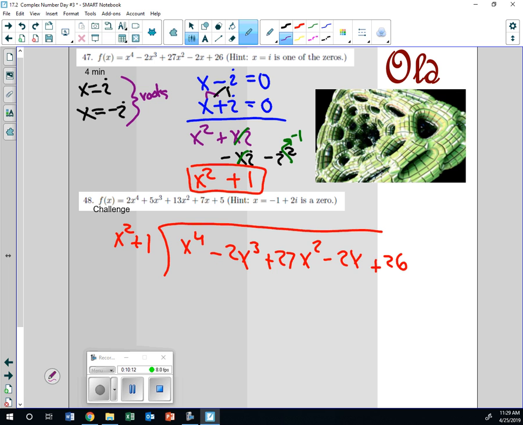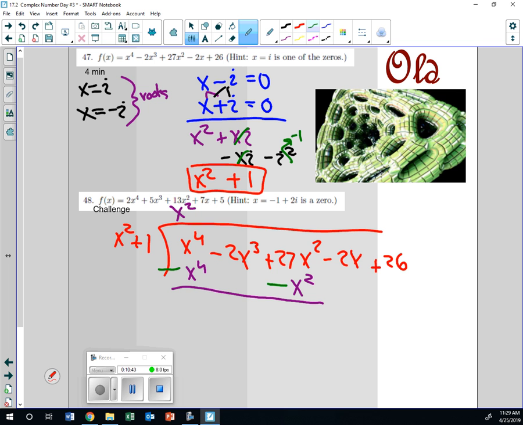x squared times what is x to the fourth? x to the second, right? And so x to the second times x squared is x to the fourth. x squared times 1 is x squared. Draw a line under there, and then we're going to reduce this like so.